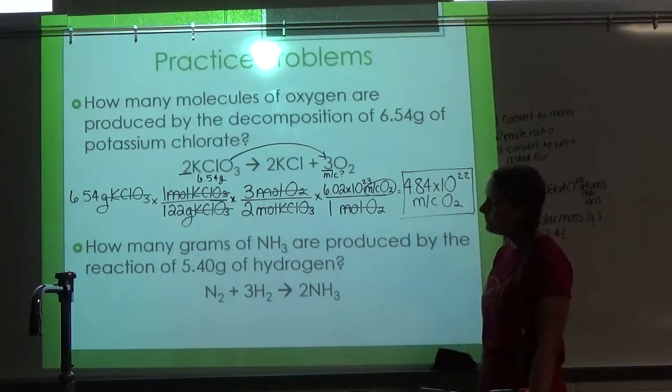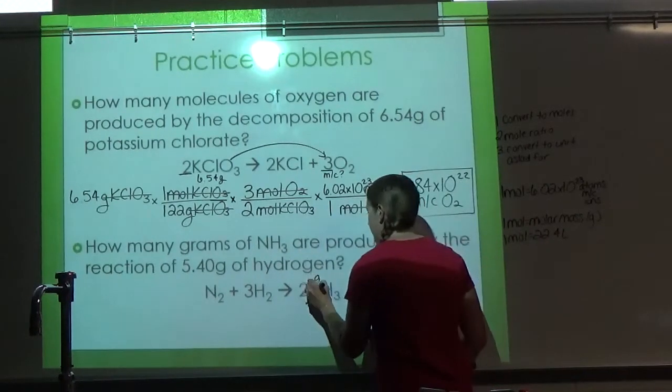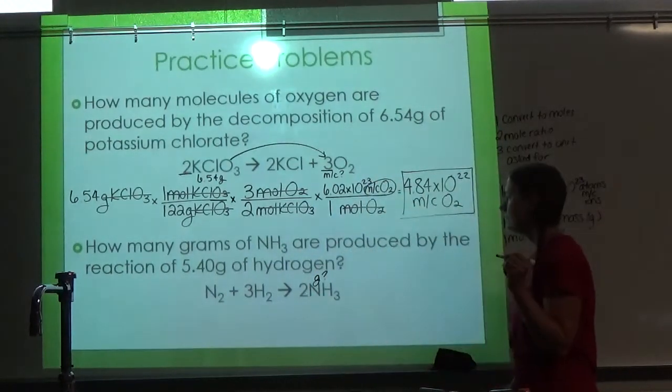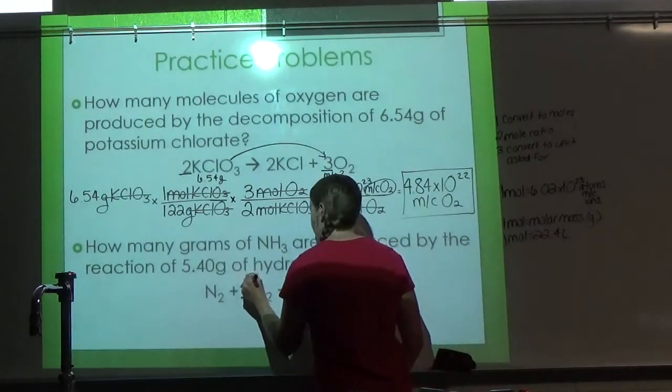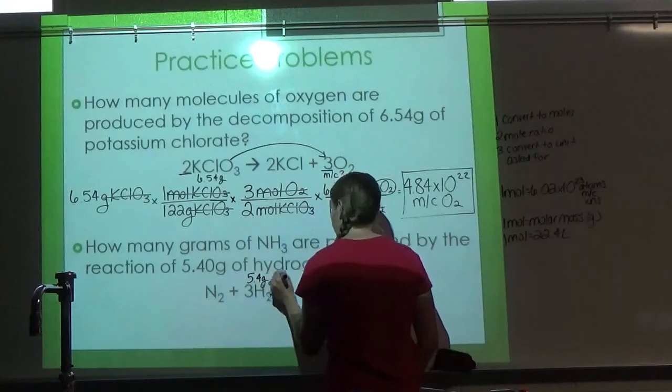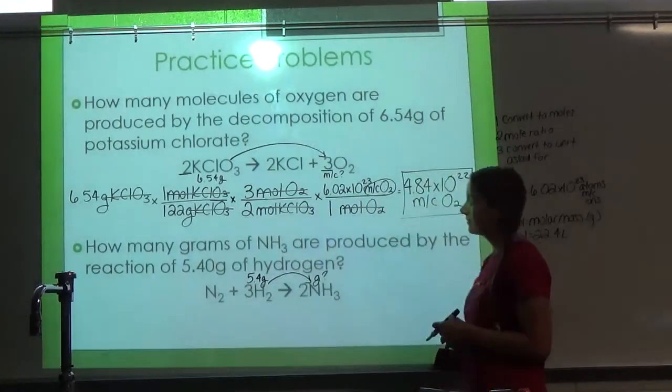So it says, how many grams of NH3 are produced by the reaction of 5.4 grams of hydrogen? So we're looking for grams of NH3. We're going from here to here, so we're not worried about nitrogen.